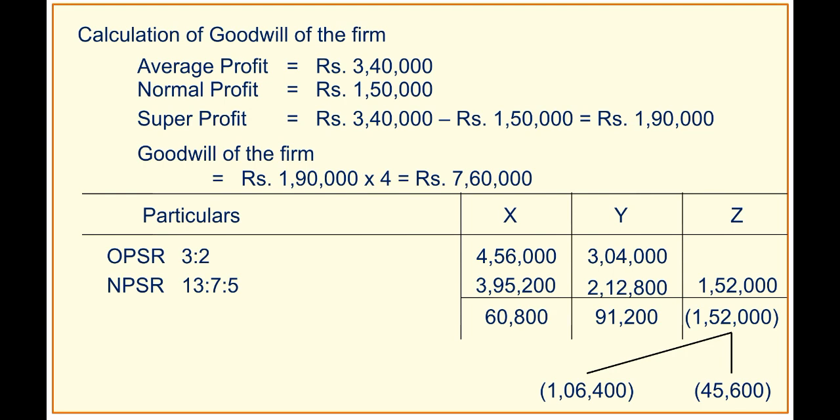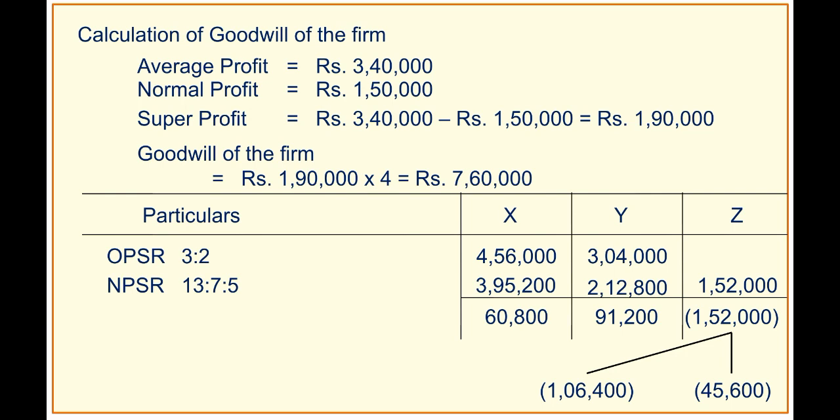Now we will post our entries. But before posting the entry, let me tell you two things which you need to remember to follow this method. First thing is you need to find out goodwill of the firm. So in any question, if you are given Z's share, for example, in this question Z's share of goodwill is 1,52,000, you will multiply 1,52,000 into 5 by 1.